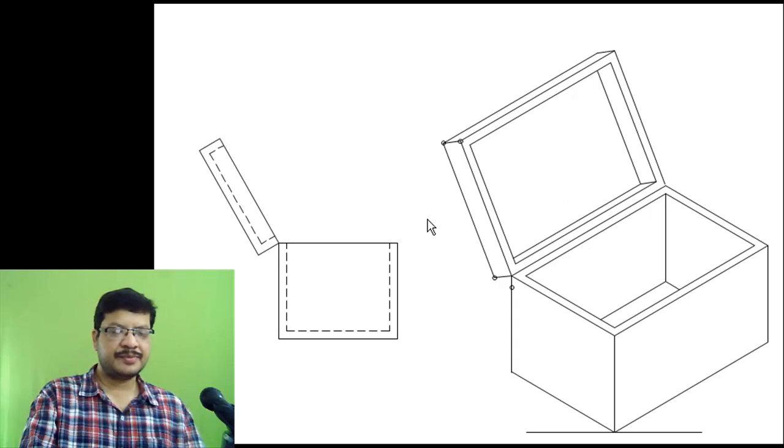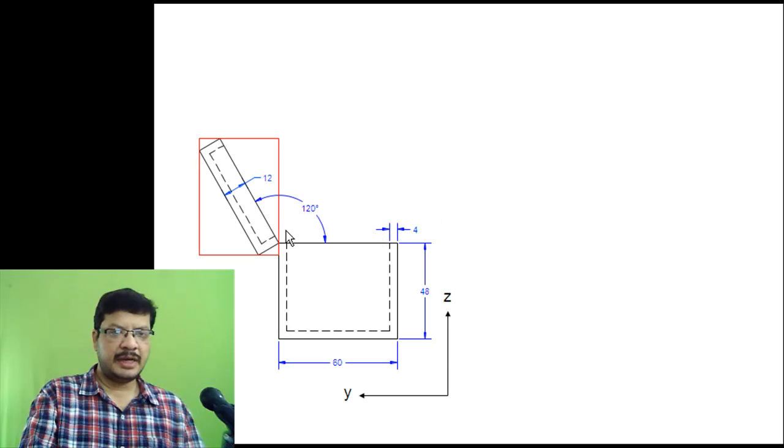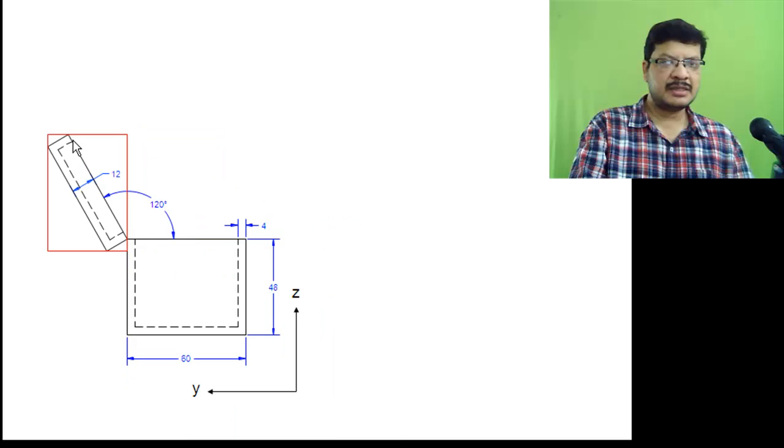So how to start the drawing? Now consider the orthographic view and enclose the portion of the object which is having non-isometric lines in a rectangle, something like this, and consider these the isometric axes as y-axis and z-axis. So once you enclose these non-isometric lines portion in a rectangle, obtain the two endpoints of the non-isometric lines by taking the distances along the isometric lines as shown here.